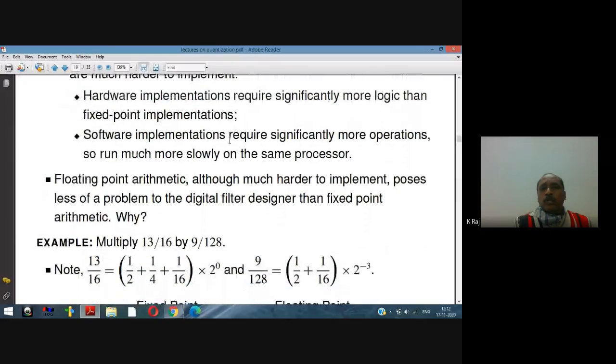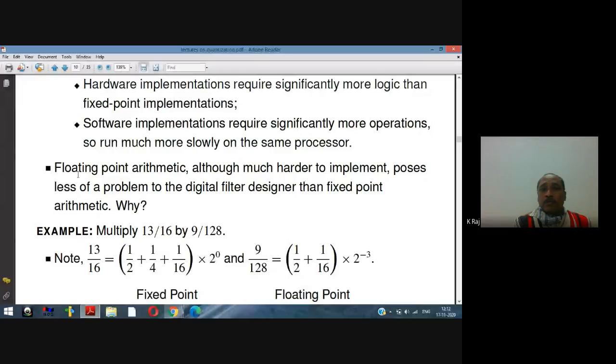Now, there is a question on floating point arithmetic. Although much harder to implement, floating point arithmetic poses less of a problem to the digital filter designer than fixed point arithmetic. See here the example.